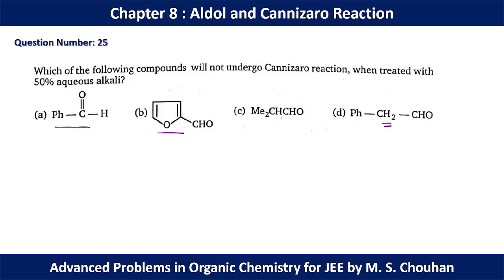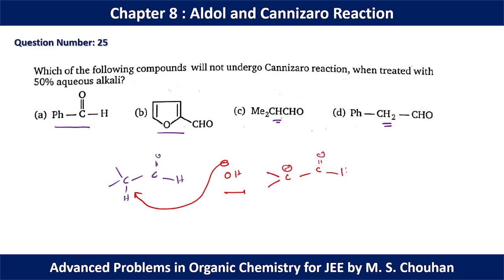You may think that there is alpha hydrogen present in this position, so this may give the Cannizzaro reaction, but if we see the actual situation, this is the structure. Carbanion formation in aldol reaction is not a good approach at this position, because if we form the carbanion, it is not that stable due to the presence of 2 methyl groups.